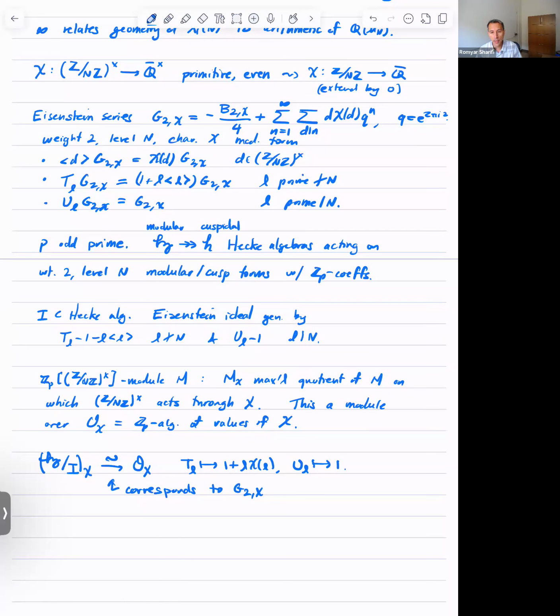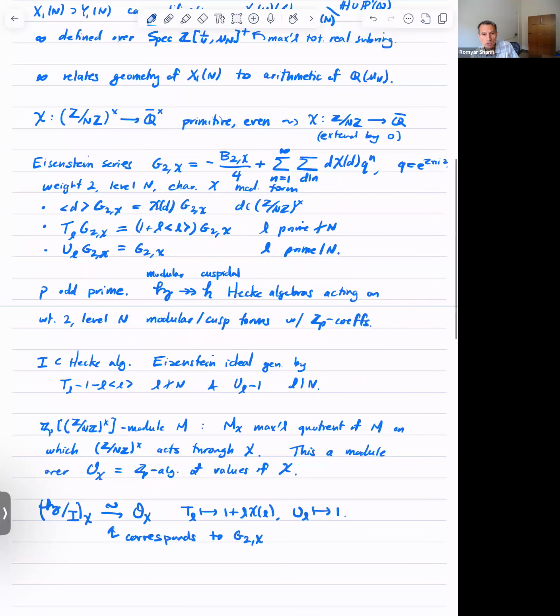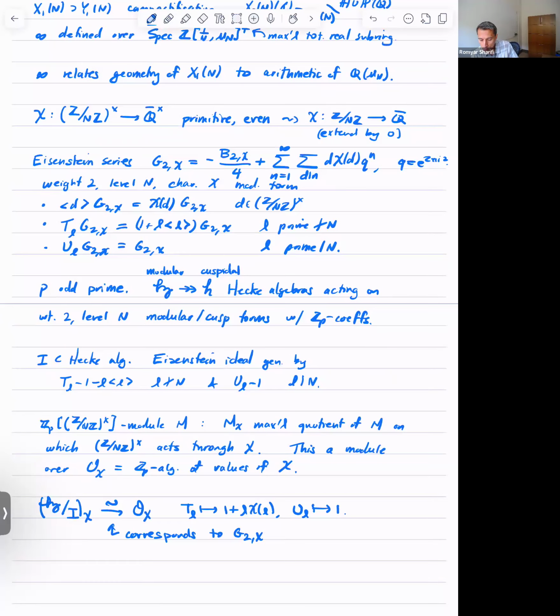And what quotient do you have? Well, the point is here I have this generalized Bernoulli number. So this B_2 chi is some element of O_chi actually.